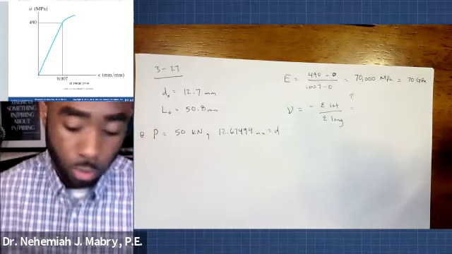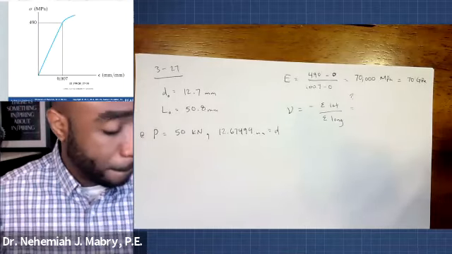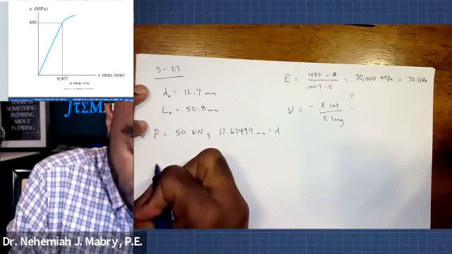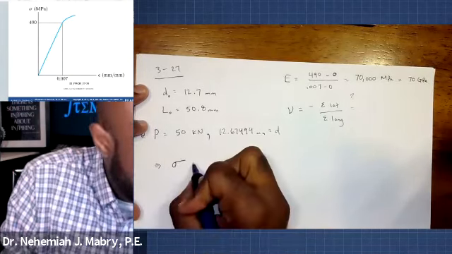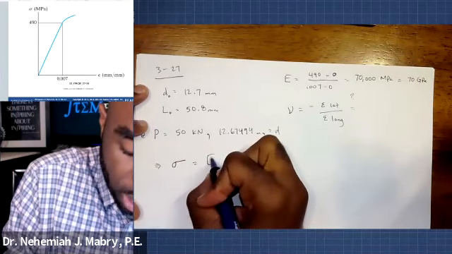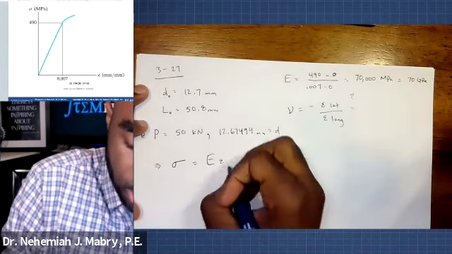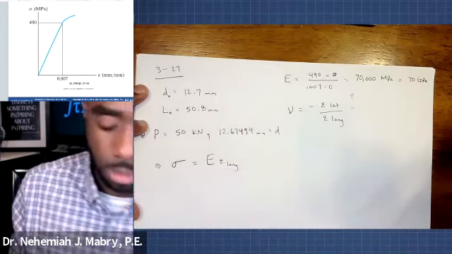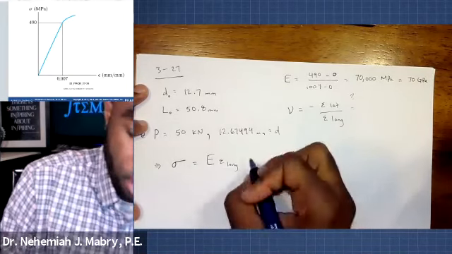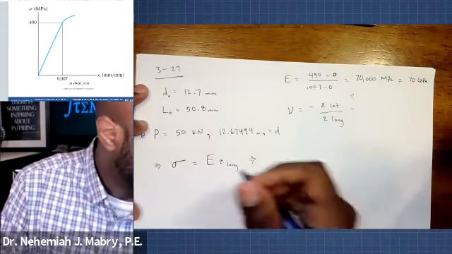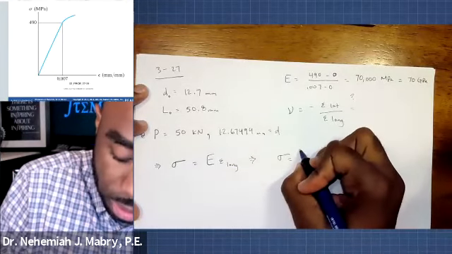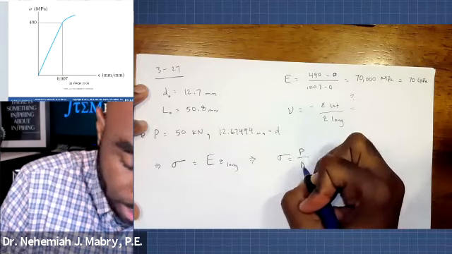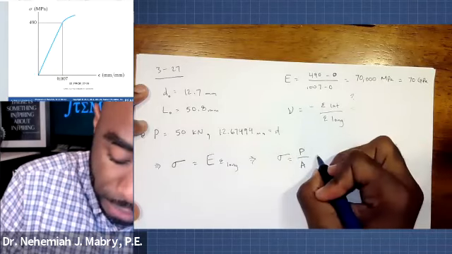So we can take our modulus of elasticity and begin calculating our stress and our strain, because in this case, this is strain longitudinal. So stress is equal to force over A. We got 50 kilonewtons.